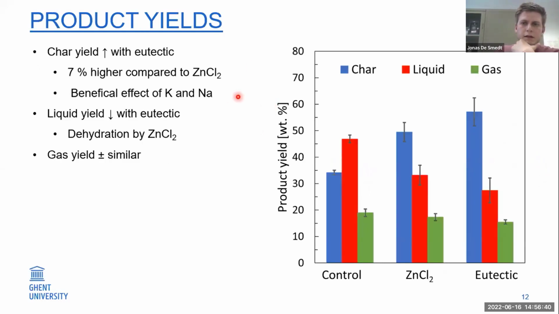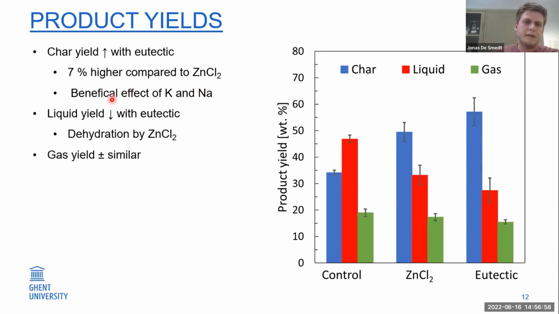In this slide, we present the product yields that we obtained from these experiments. And you can clearly see that the char yield increases when we use the eutectic mixture instead of the zinc chloride mixture. We have an increase of at least 7% in that regard.